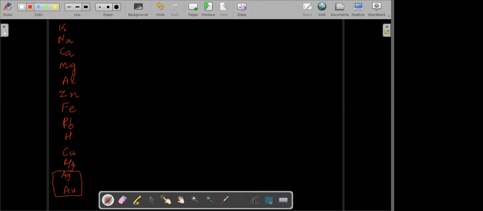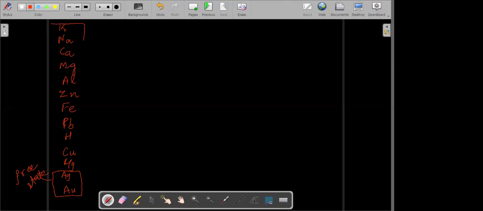So these metals, which are low in the reactivity series, are found in their free state. So they can be just obtained with a little bit of purification. Those at the top of the reactivity series, like potassium, sodium, calcium, magnesium, aluminium, zinc.